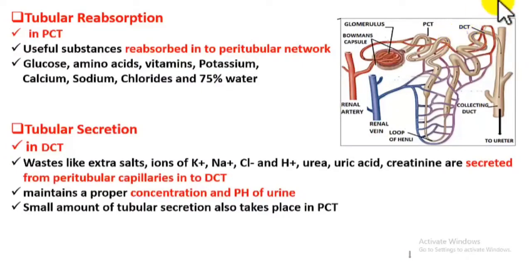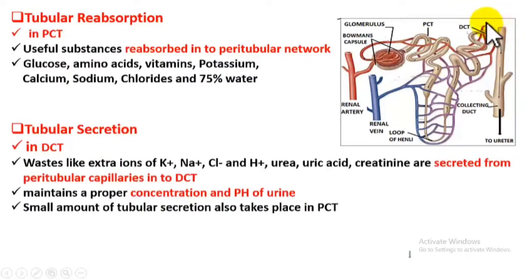What happens here is our next step, that is tubular secretion. In this region, the blood capillaries release certain substances into the DCT, and this release is what is called tubular secretion. Why is this called tubular secretion? Because the substances from the blood capillaries first enter into the DCT wall, and from the wall they are secreted into the tube. That is why this process is called tubular secretion.